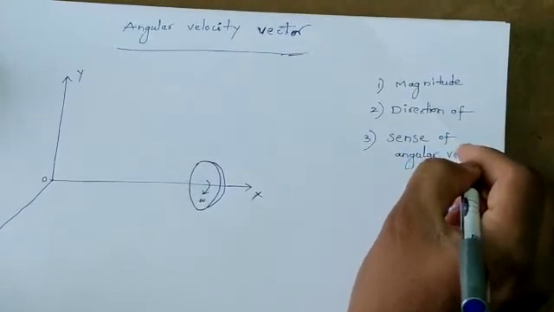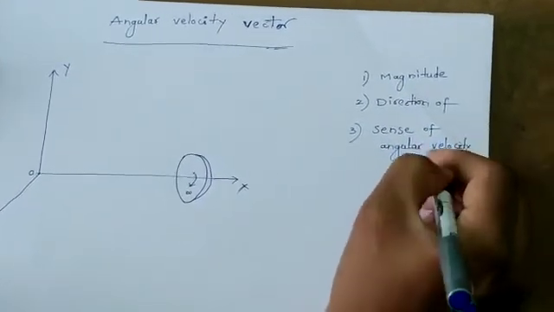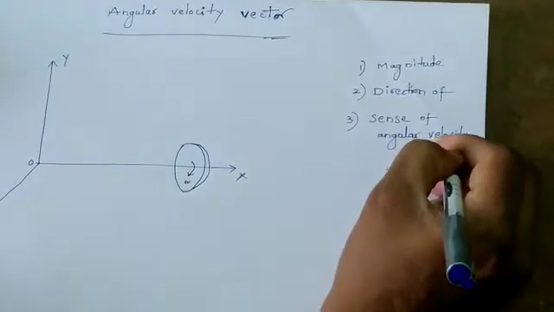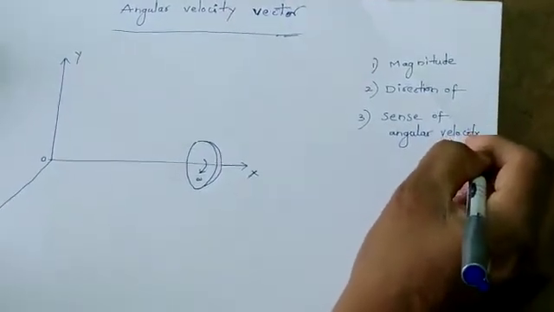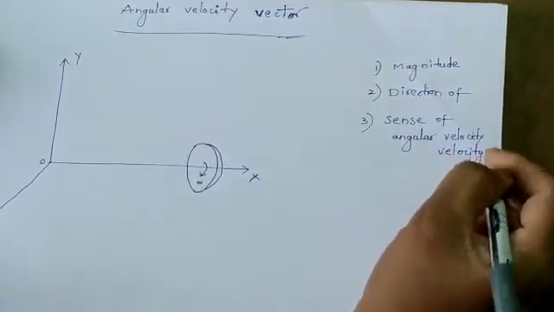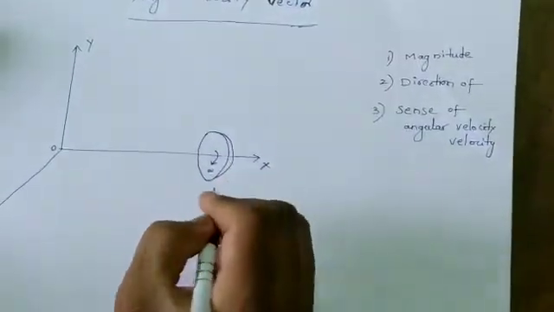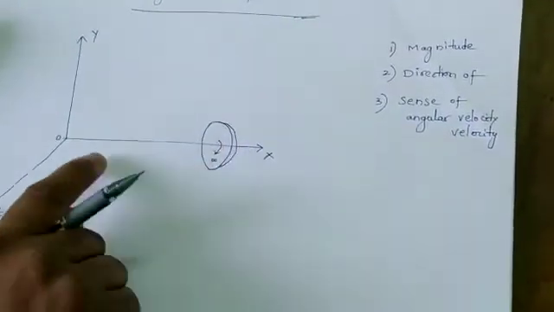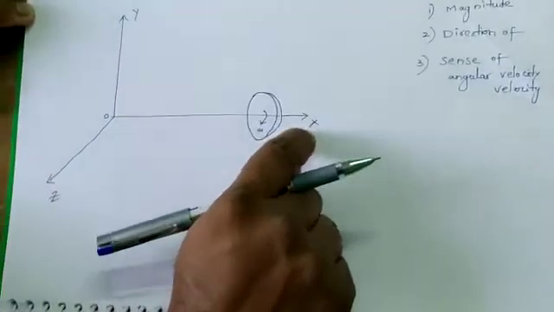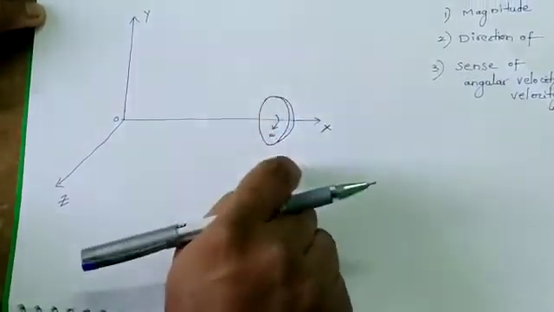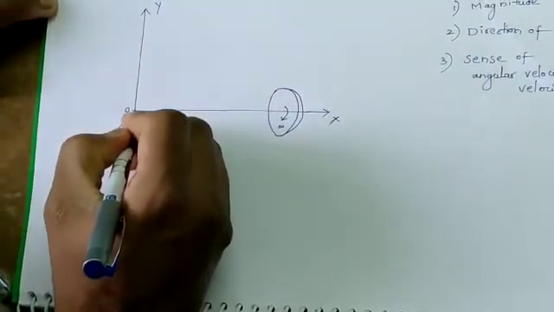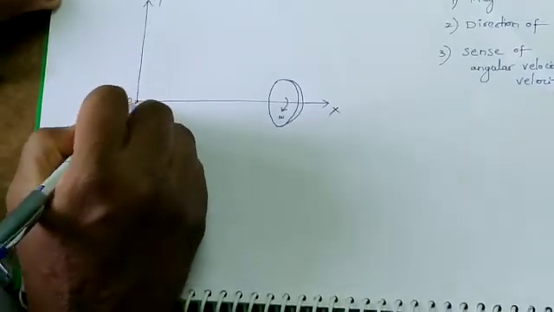Now we are going to draw the angular velocity vector for a rotor rotating in a clockwise direction about the x-axis, seen from O. O is the observer here.